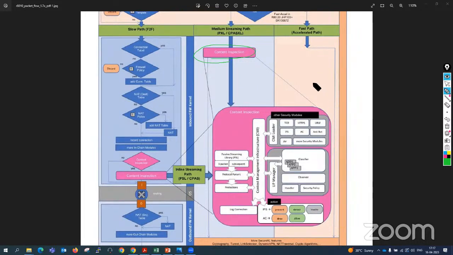Although it's a part of both fast path and medium path, the majority of it is in the medium path. So the traffic comes here, content inspection will be done, and everything will be checked regarding your content. If the traffic is allowed from here, then it will be passed, otherwise it will be dropped here.